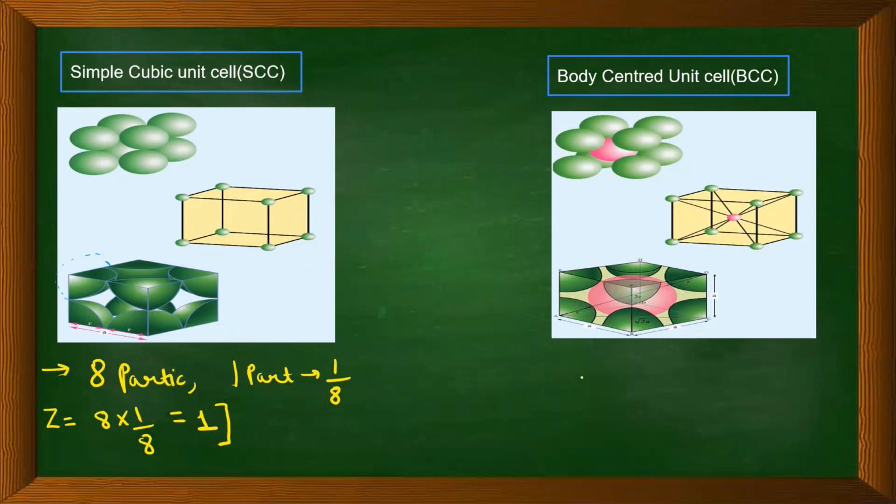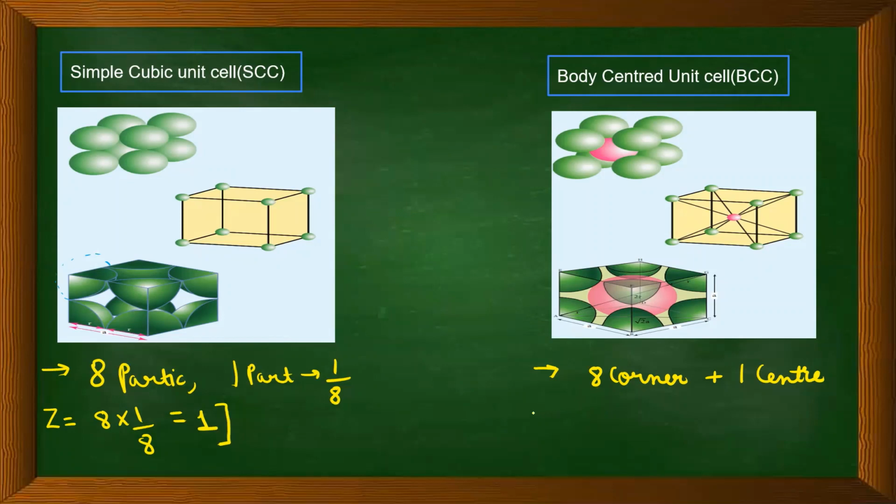So now we will calculate the lattice points in the body centered unit cell. Now in body centered unit cell we have 8 particles present at the corners and 1 at the center of the body. And we will also discuss that one particle present at the corner contributes how much? 1/8.